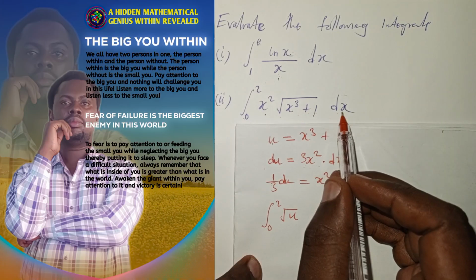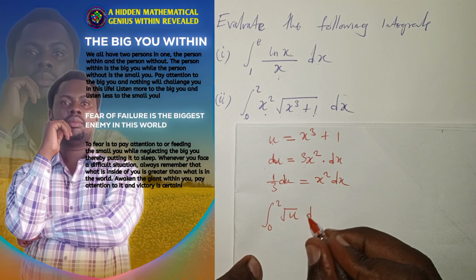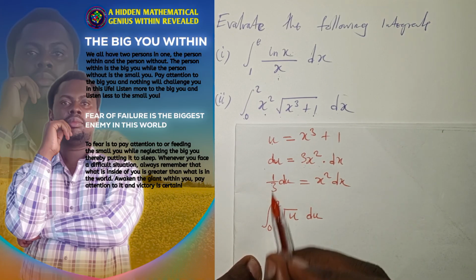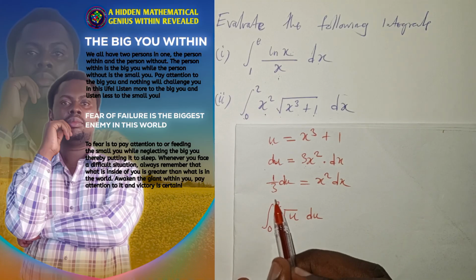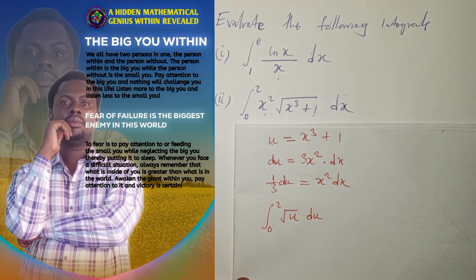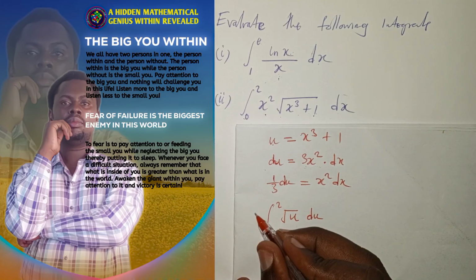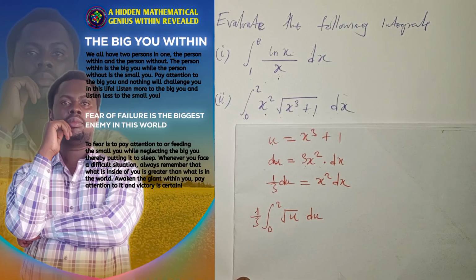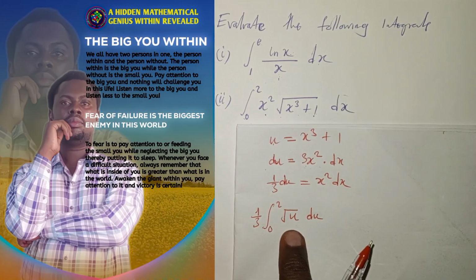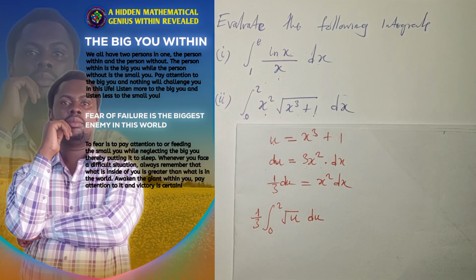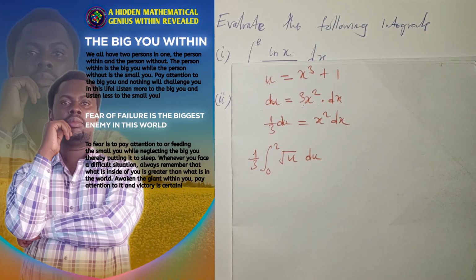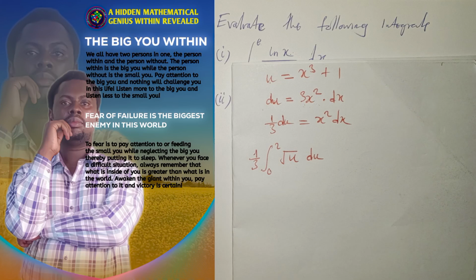Then x squared dx is 1 over 3 du. This 1 over 3, you can write outside the integral. So we are going to have 1 over 3, then the integral from 0 to 2 of square root of u du.